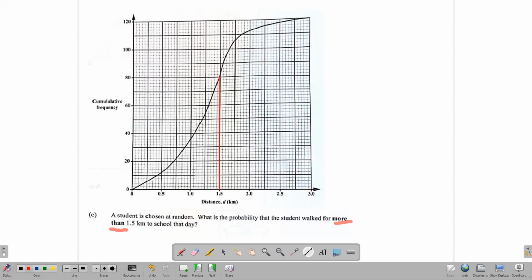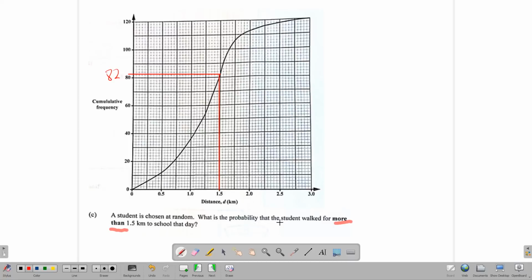At 1.5, here we have passes right there, and we should go across now, and it's telling us that it is 82. So 82 students walked at most 1.5 kilometers.